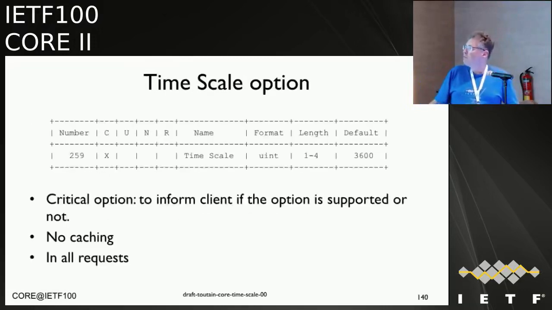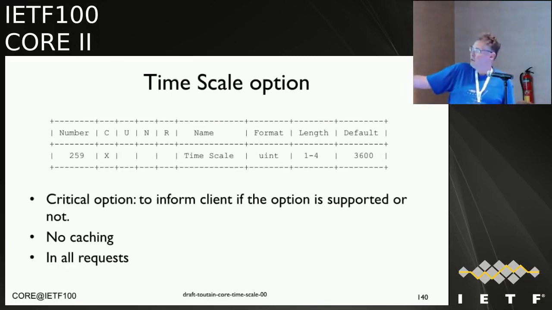To do that, what we propose is to add what we call a timescale option that will say how long the message ID must be kept by the server. This way, the server will avoid processing duplicates twice. The idea is to have a value in seconds that says this message must be kept for this period of time in the server.